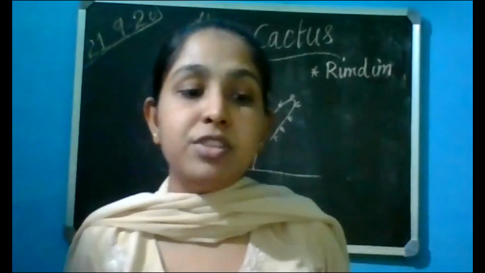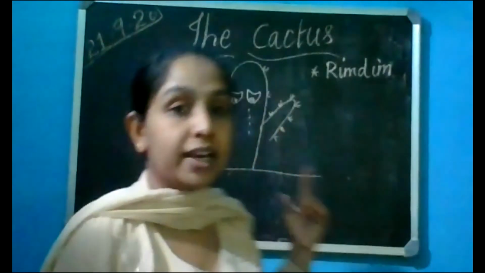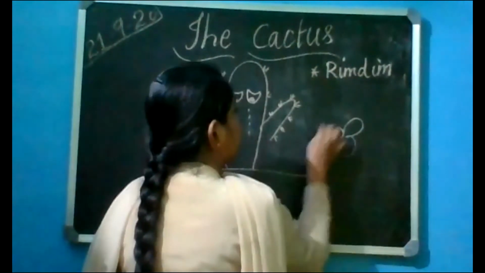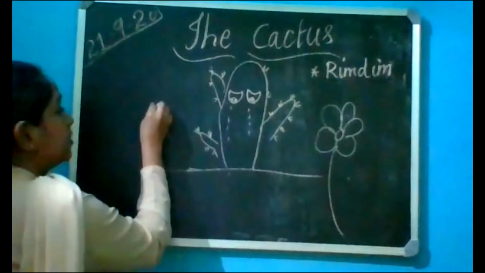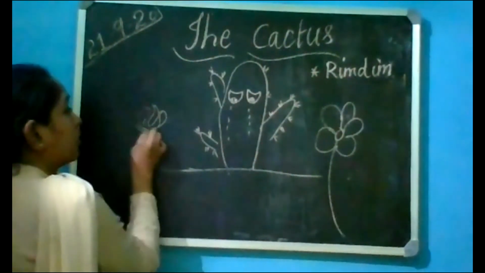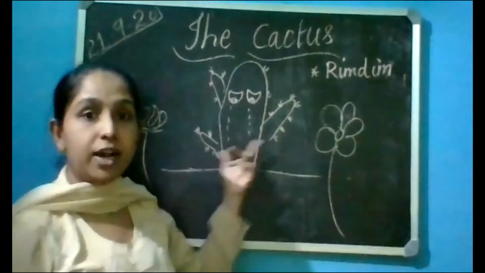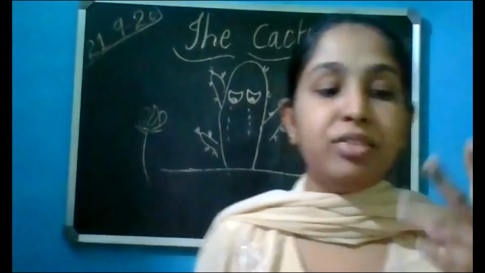In the middle of this beautiful garden stood the ugly cactus. So there was a cactus in between. So here are the beautiful flowers. Here you can say it is a rose. In the center of the beautiful garden there was an ugly cactus standing strong. It had three stems.